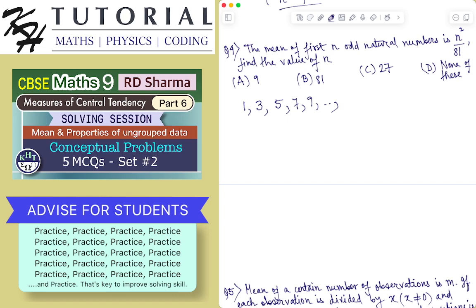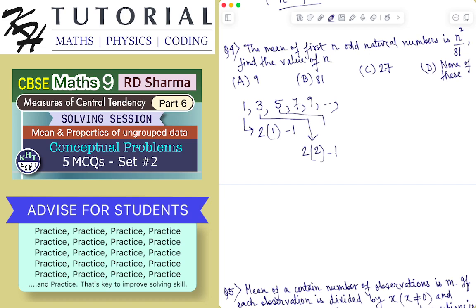The first odd natural number is 1, which can be expressed as 2 into 1 minus 1. The second odd natural number is 3, which can be expressed as 2, since it is second, 2 multiplied by 2 minus 1.